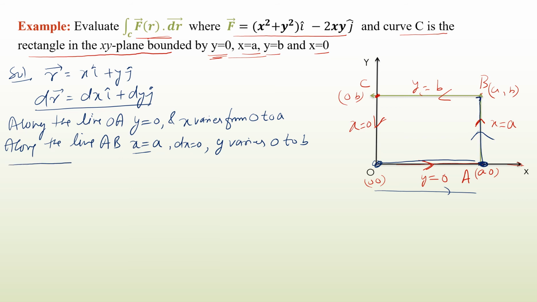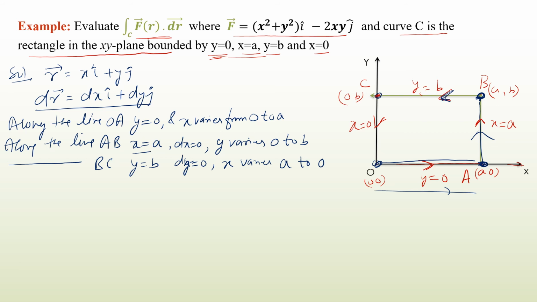Similarly along the line BC, y is equal to b and dy is equal to 0, and x varies from a to 0. You have to remember the direction.